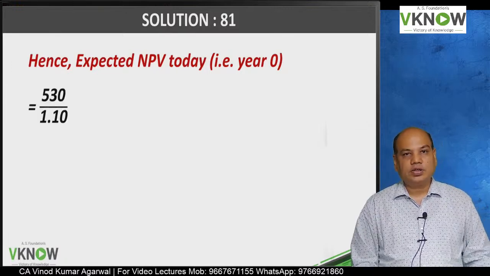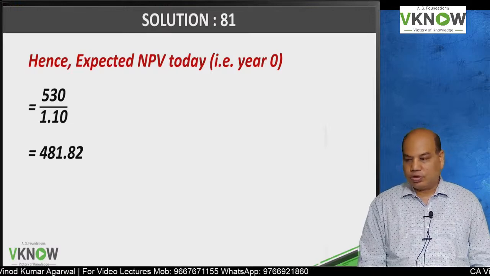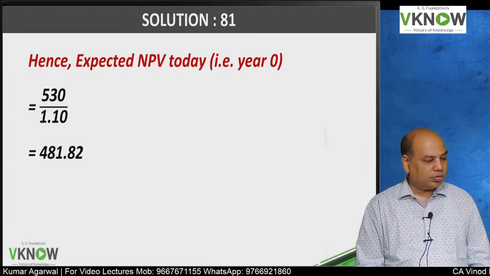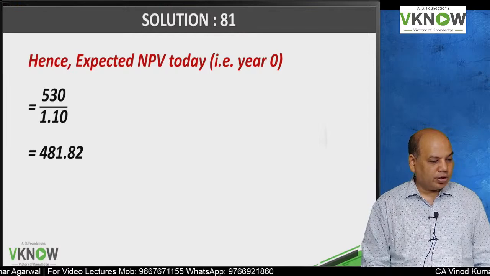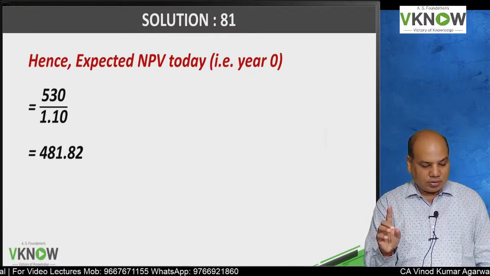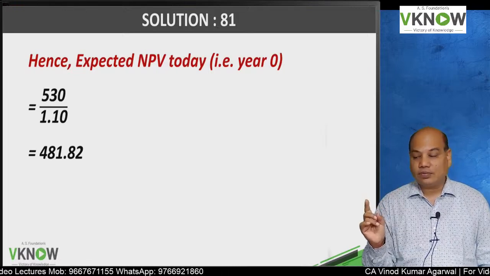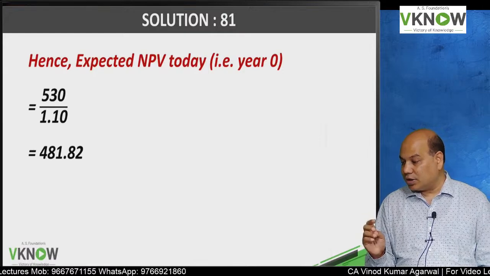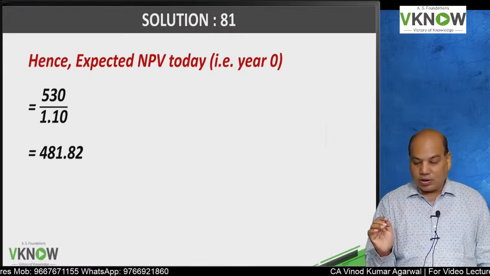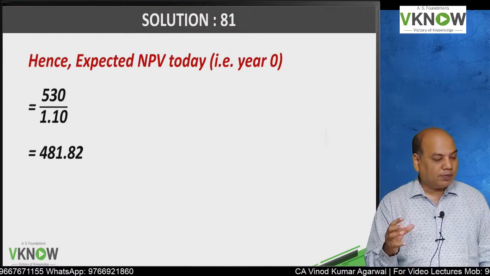Your answer is 530 divided by 1.10, and that is equal to 481.82. Now compare this answer with the earlier answer. The earlier answer was 530 and now it is 481.82. Please answer what is preferred.